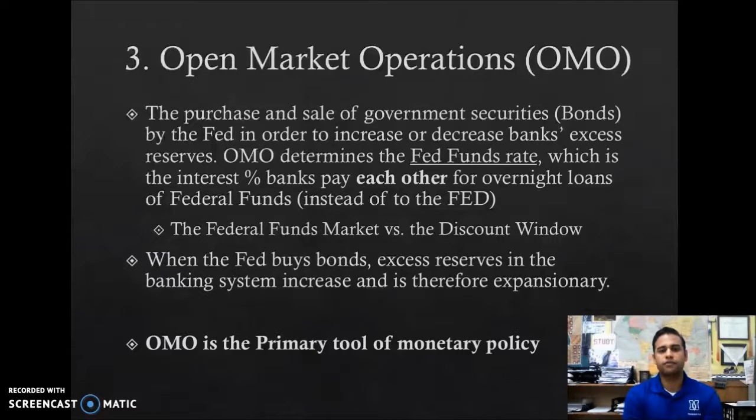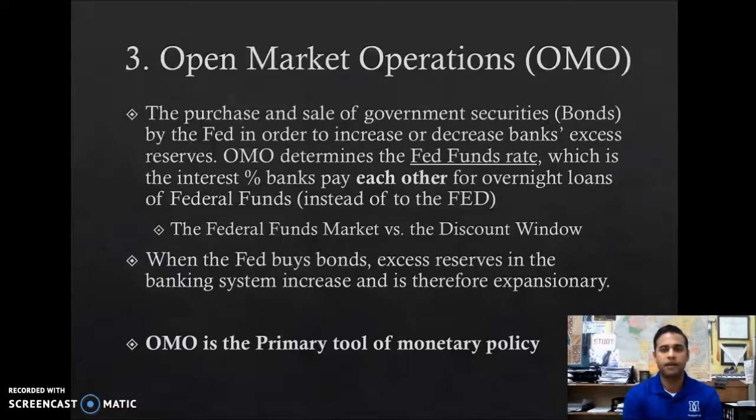And through open market operations, the Federal Reserve Bank tries to manipulate the Fed funds rate. But here's a key. The Federal Reserve Bank does not have the authority to set the Fed funds rate. It is set by market forces. It is set by banks.